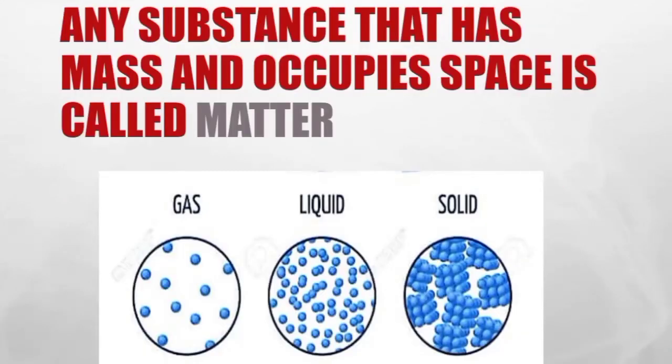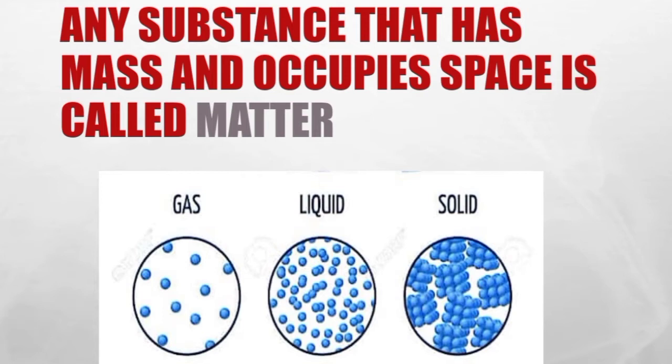So let's understand what is matter. Matter is made up of very tiny particles and these particles are so small that we cannot see them with the naked eye. It has been observed that matter exists in nature in different forms.